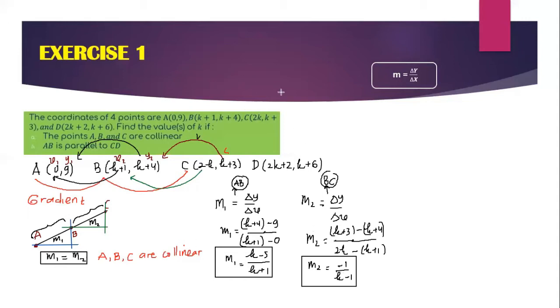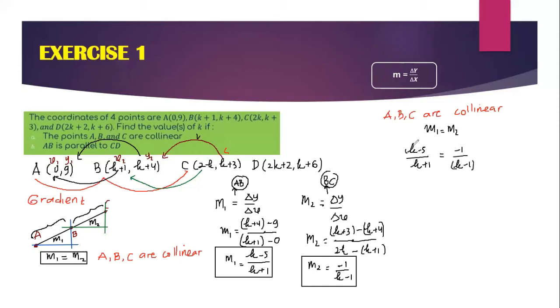Because the 3 points A, B, and C are collinear, M1 equals M2.